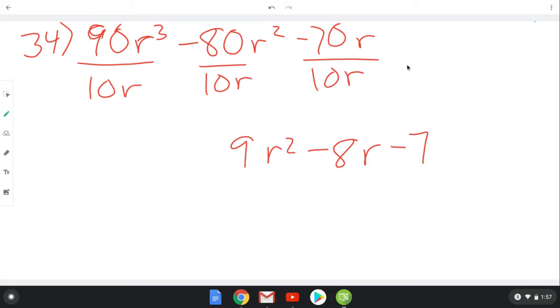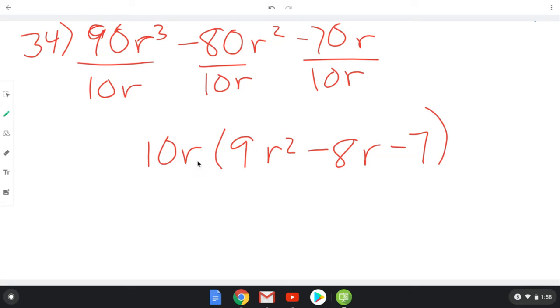But again, I said I wanted to rewrite this as multiplication of two things. So I'm not just dividing by 10R, I'm rewriting this as multiplication. So I'm saying if I have this and I multiplied it by 10R, multiplied it by what I divided by, then I would be back at the original. So this is my factored form.